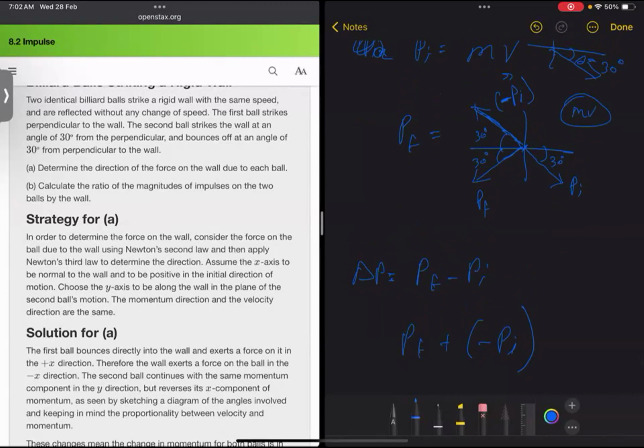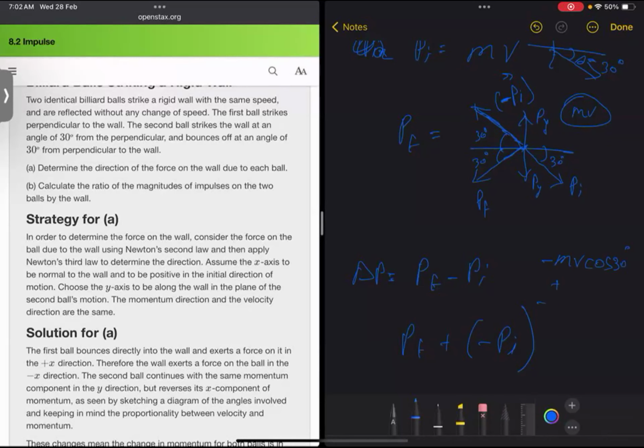When you add both of them, will their vertical components cancel each other? Yes, because they are mv sin 30 and mv sin 30. They will cancel each other. So the net will be in the horizontal direction. The horizontal components will be negative of mv cos 30 degrees.